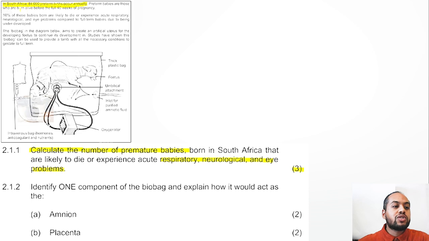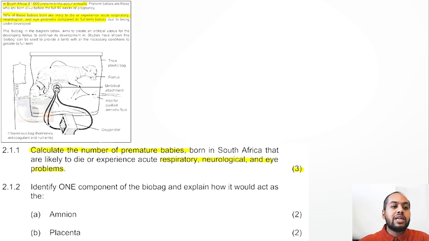Preterm babies are those who are born alive before the full 40 weeks of pregnancy. 10% of these babies born are likely to die or experience acute respiratory, neurological, and eye problems compared to the full-term babies. This sentence coincides with the question. So we want the number of premature babies that are likely to die or experience those problems. So only 10% of the babies that are born are going to be experiencing those problems.